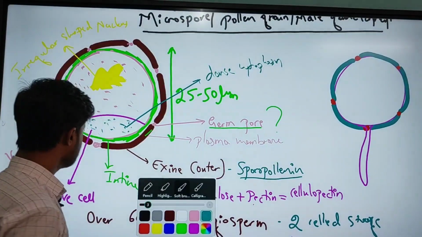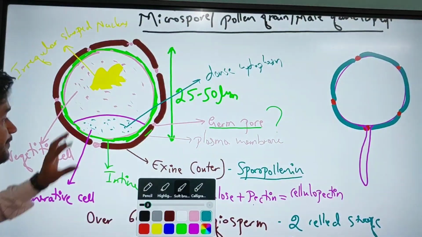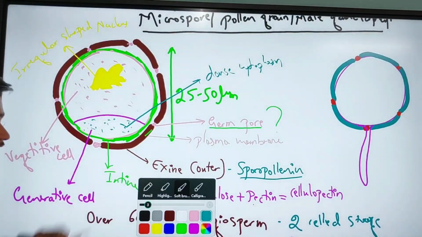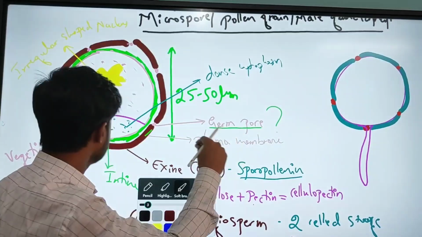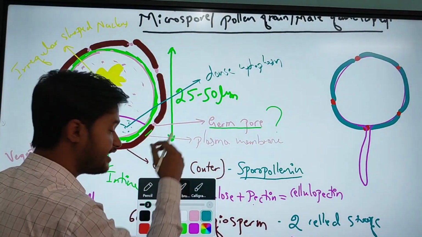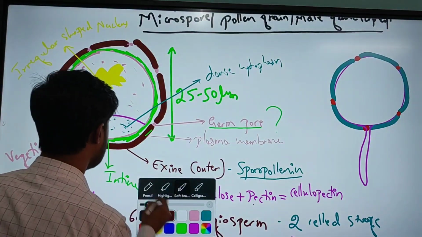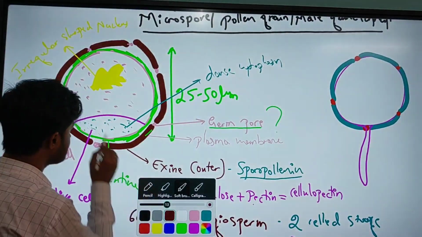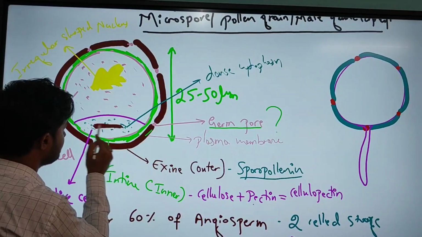The shape of the generative cell is spindle shaped, with tapering ends, and it also contains a spindle shaped nucleus.